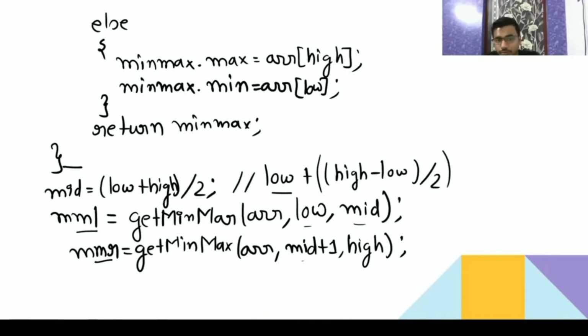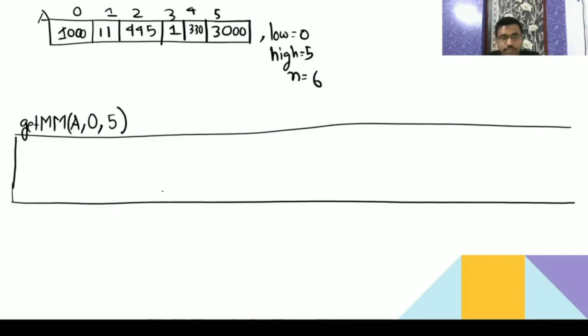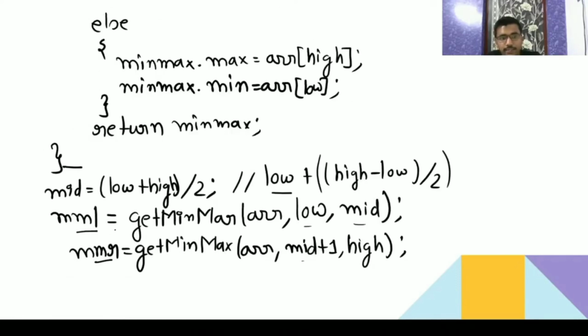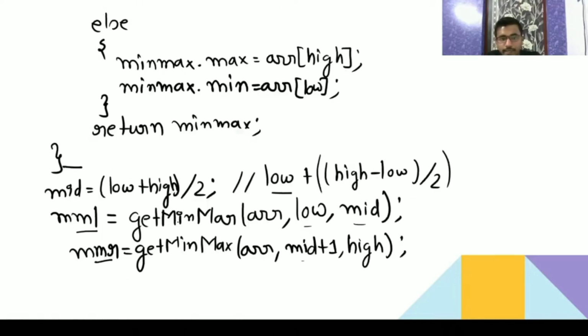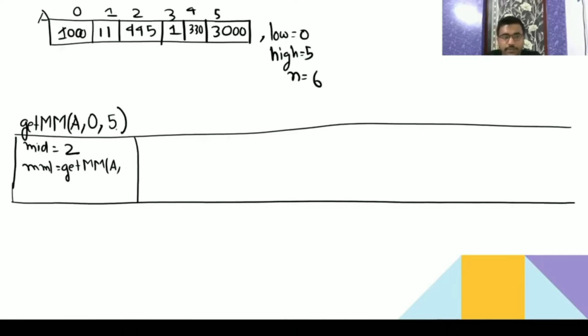Mid is equal to low plus high by 2. Mid here is 5 by 2, which is 2. Then see, it is again calling mml, getMinMax on array a, low then mid.